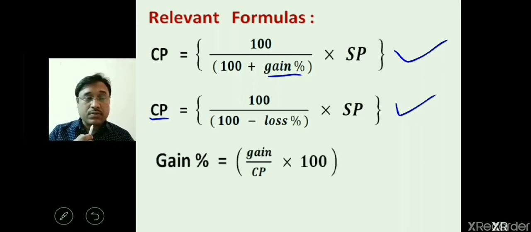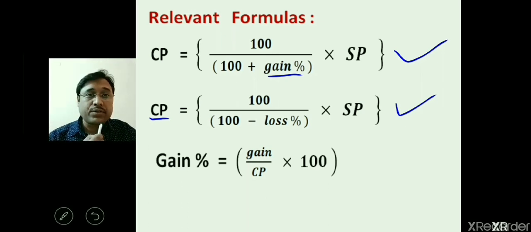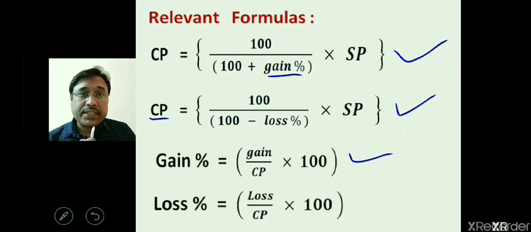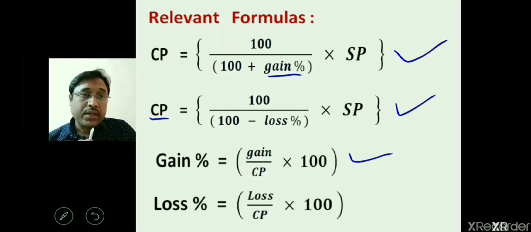Now this formula I have discussed in the previous video: gain percent equals gain by CP into 100, and loss percent is loss by cost price into 100, because gain and loss both depend upon CP. Both are depending upon the cost price only.